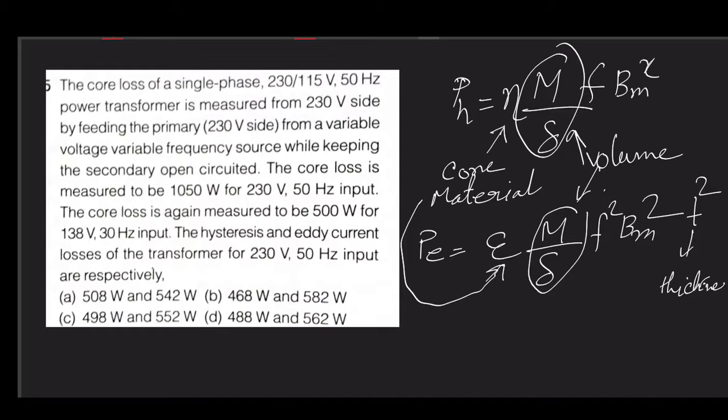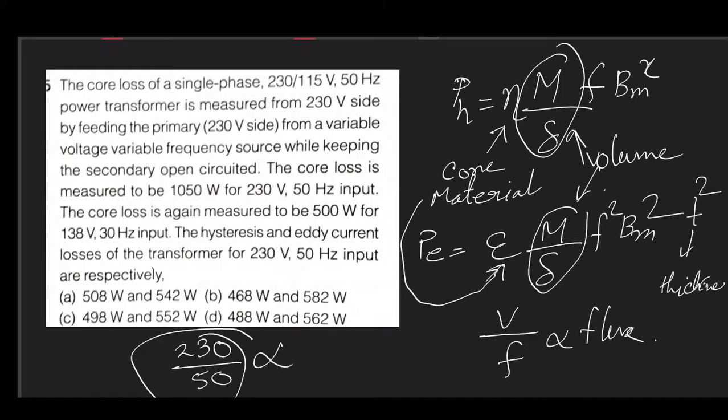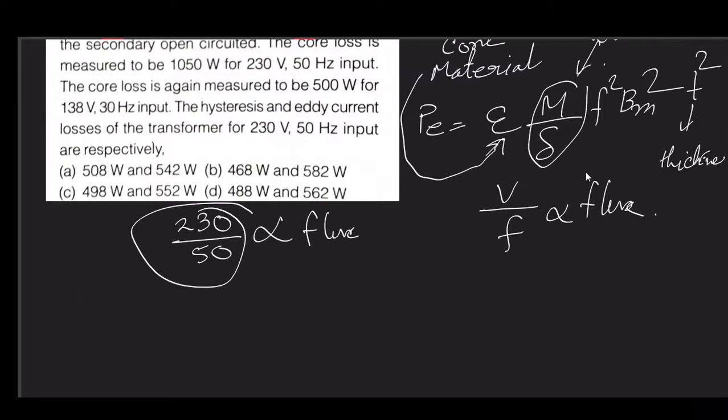What we know is that it is proportional to V by F. In the first case V by F is 230 by 50, and in the second case, if this is proportional to flux, it is 138 by 30.